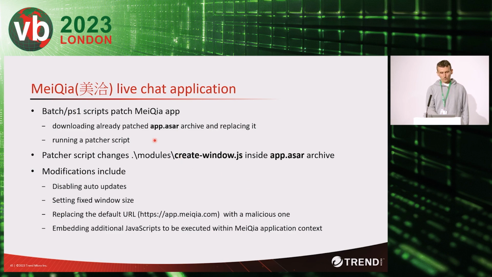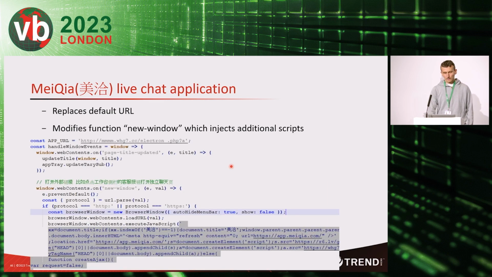As I showed in the beginning, there are different scripts. Some of them can replace the app.asar archive, some of them can just patch it. For us, it's important that inside this app.asar archive, again, there is a file called create-window.js. When we look into this file, we can notice several modifications. One of them is the application URL.